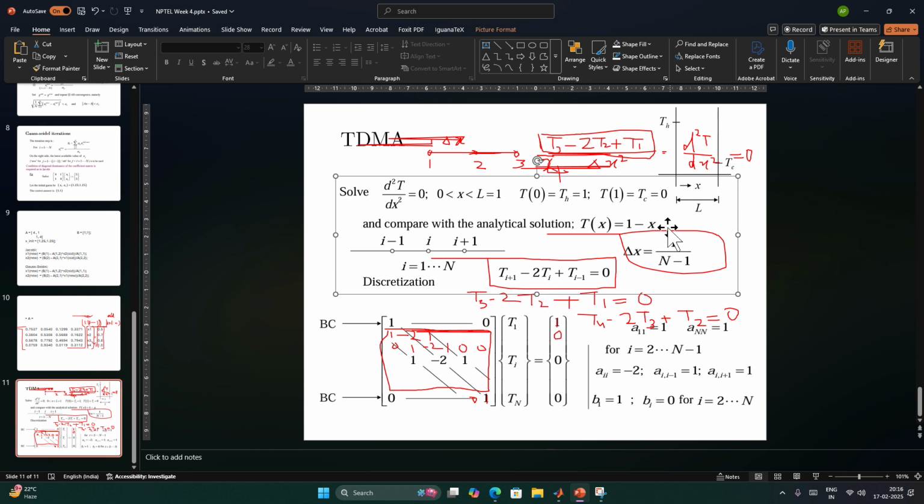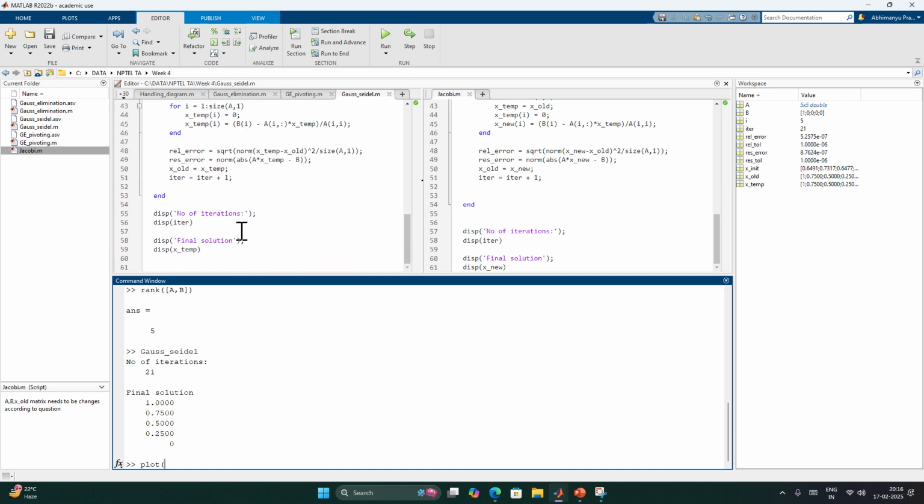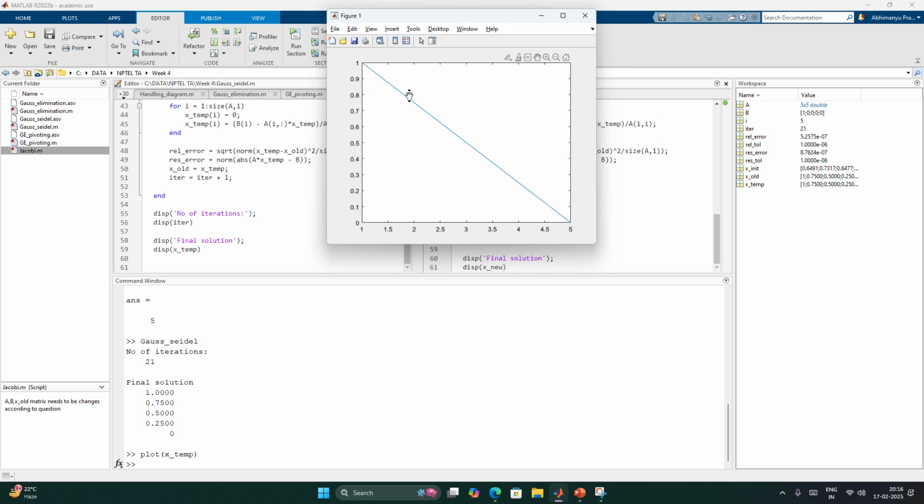Now we can check with the analytical solution. The analytical solution for this and the given boundary condition is 1 minus x, right? For the first node, we should be getting a value of 1, and if we take L as 1, then for the last node we will be getting a 0. It's linear. If I plot this, I get a line with a negative slope of 1.